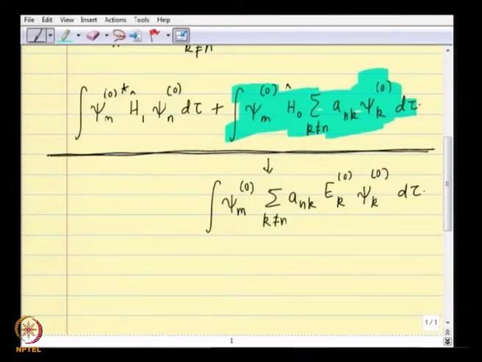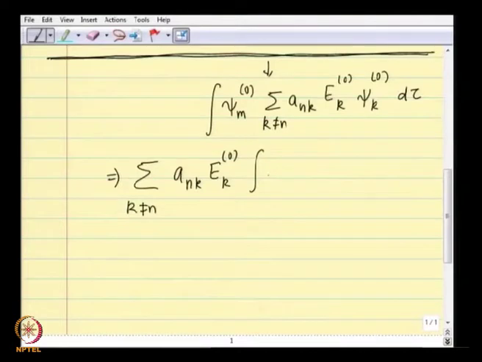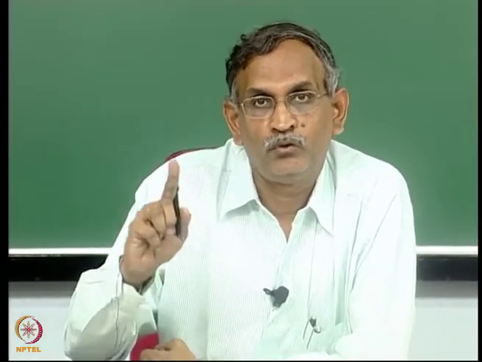If I put in only those which are needed inside the integral and leave everything else out, it is the sum over k not equal to n a n k E k0 integral psi m0 star psi k0 d tau. Please note that when m was chosen in getting the wave function psi n1, m was chosen to be not equal to n.